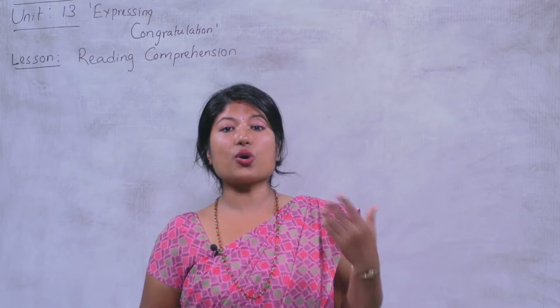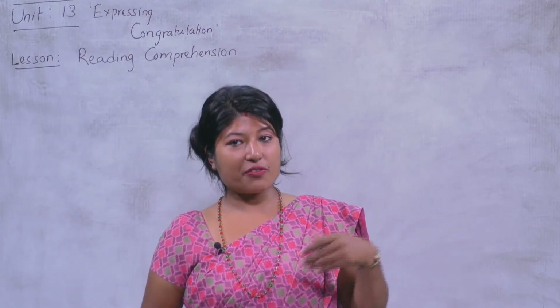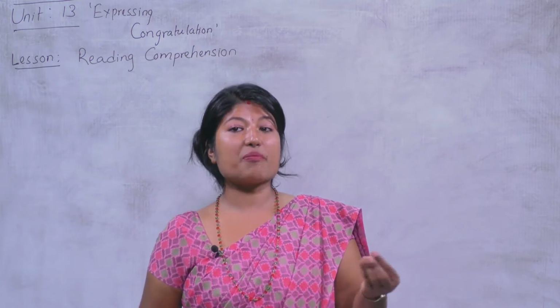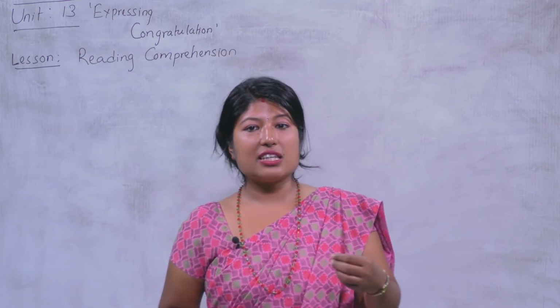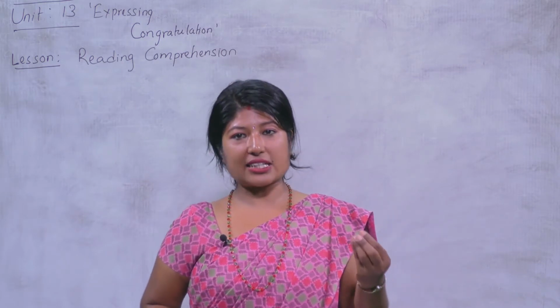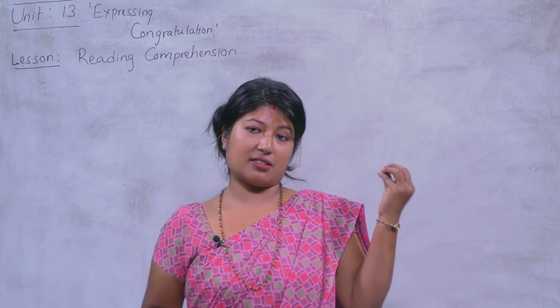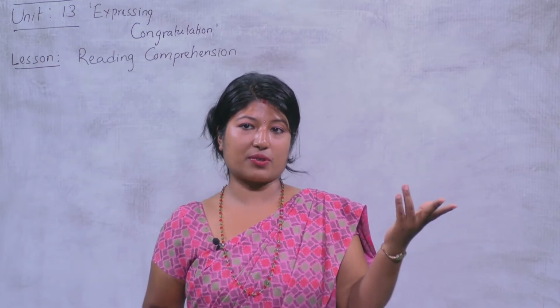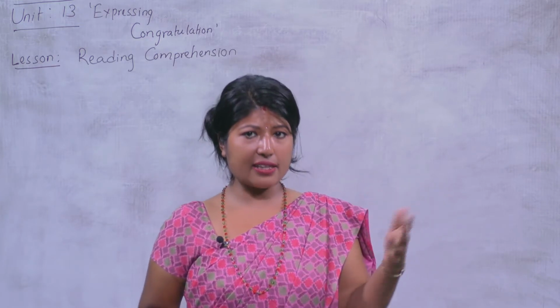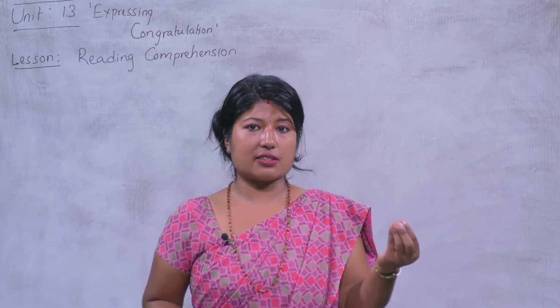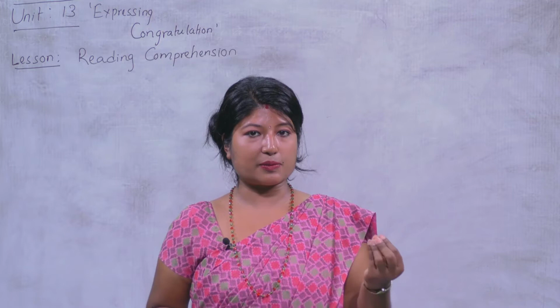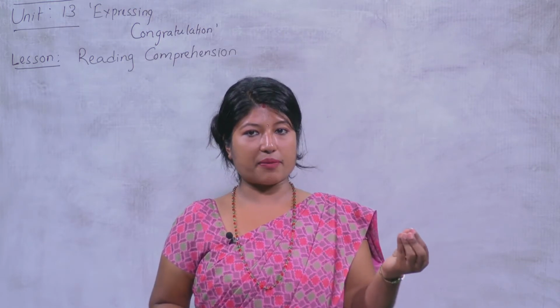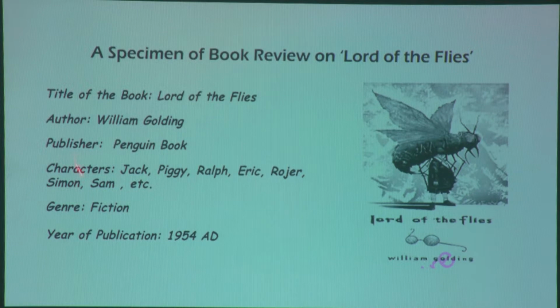As I told you in the movie review, before you do a review of any book, you have to list out those categories, like title. Title is the name of the book, right? Lord of the Flies. And then who wrote it? The author's name should be mentioned. And then the publisher's name. And then major characters, whose main roles are there. And genre, what kind of book is it?